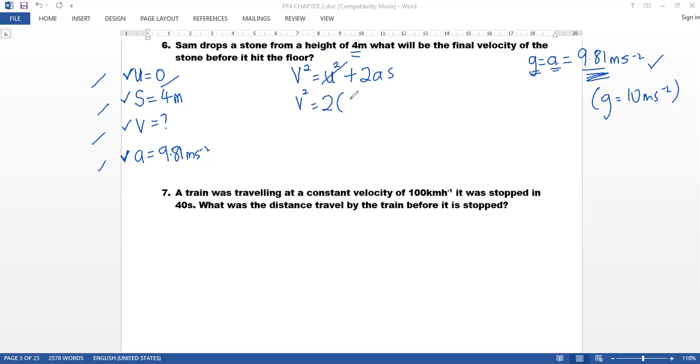2. A was given, 9.81, and S is given, 4 meter. So V should be a square root of 78.48.